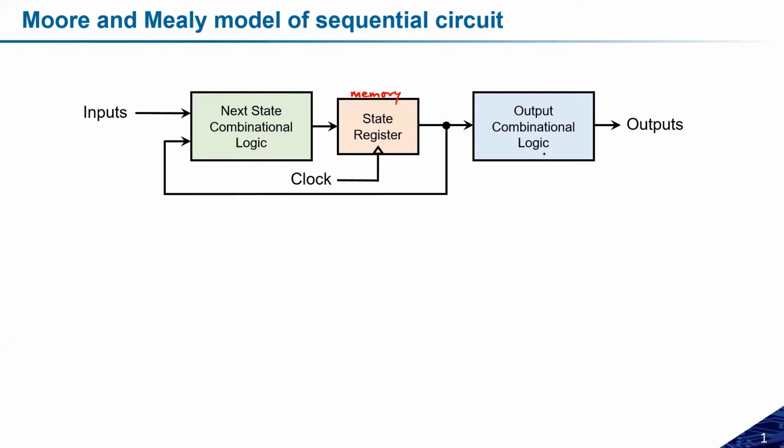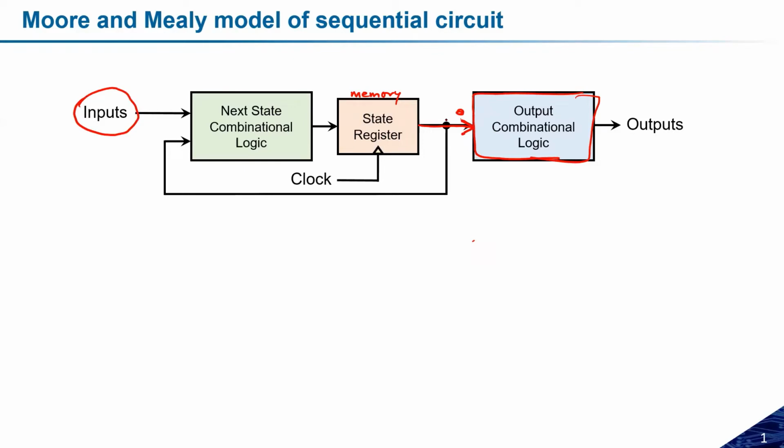Once we are ready with this output combinational logic circuit, the output of the sequential logic circuit is connected to its input, and it will be treated as one of the inputs for this output combinational logic circuit. We have one more input for the sequential circuit which we have already considered.